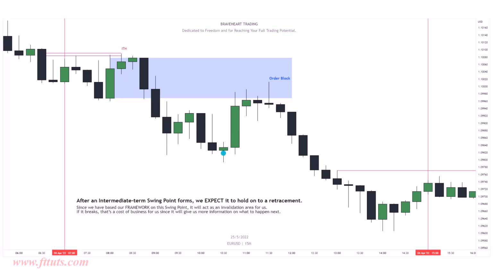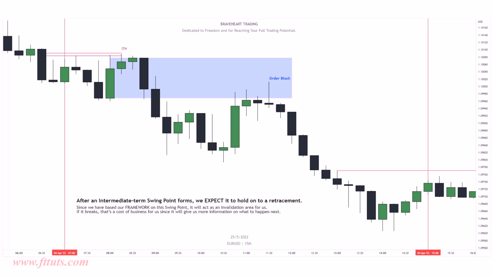So understanding this will remove that impulsive behavior to revenge trade. If you can classify your swing points very clearly, and you have complete clarity to frame your swing highs and swing lows off on, if this high breaks, you'll say, okay, that tells me more information, rather than it causing a lot of emotions in you that causes revenge trading.